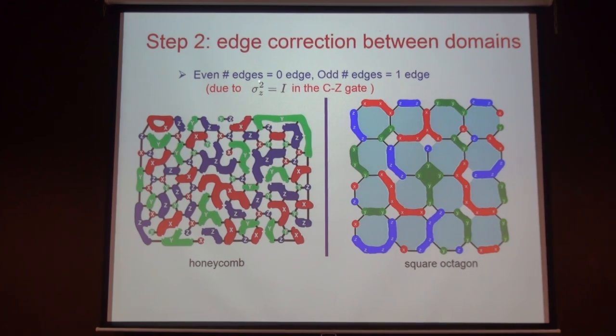This is essentially due to sigma z squared being identity, because in the graph state, the edges indicate that you are applying a control Z operation. And if you apply it twice, essentially there's no action at all. And if you have two domains with three edges, essentially you only have one. So you need to do this modulo 2. Somehow there's a Z2 operation here.